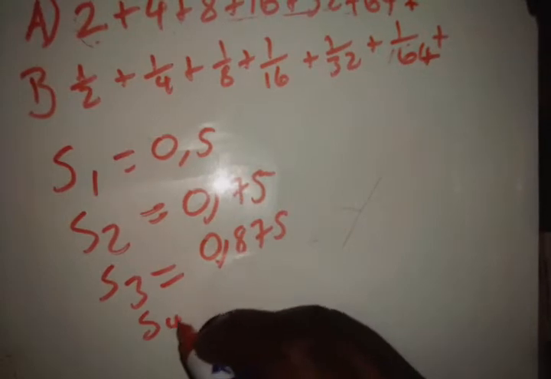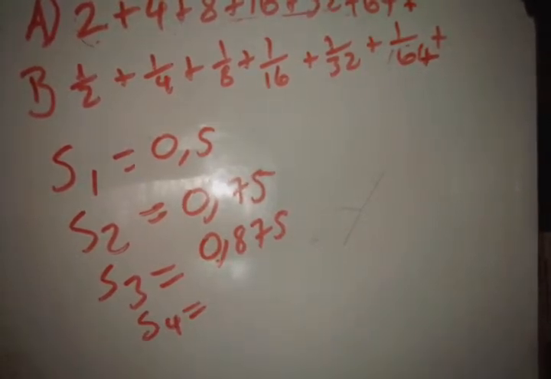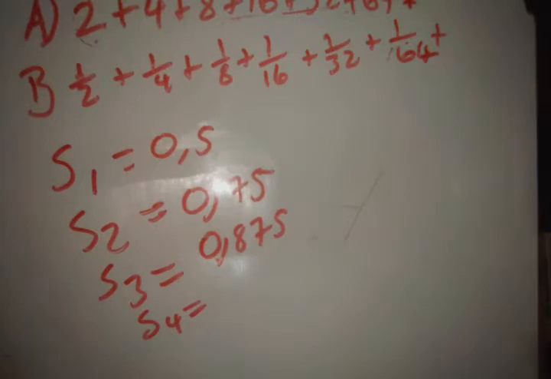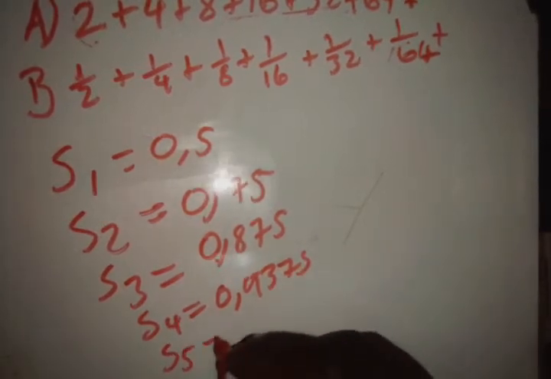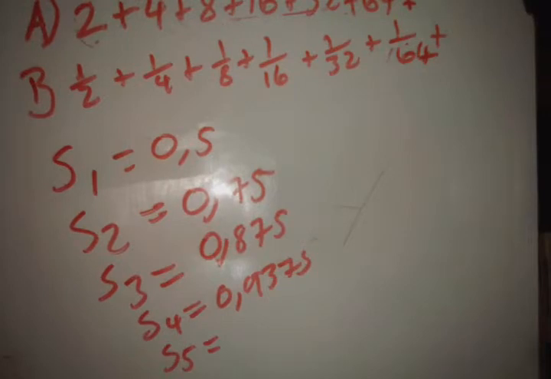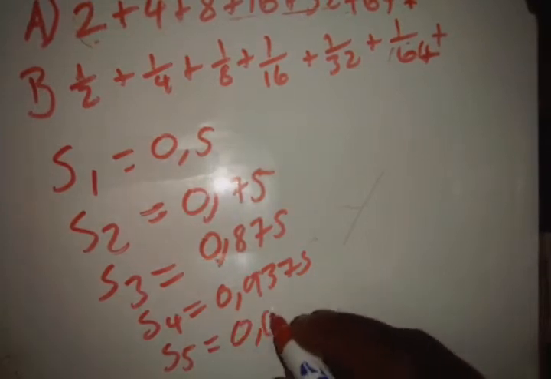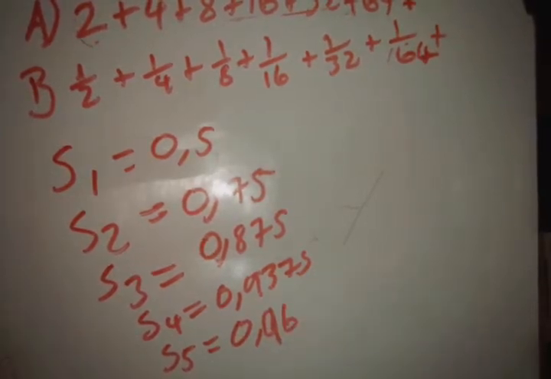Then let's check out the sum of four terms. So we have 0.9375. Then let's check out the sum of five terms. So it's 0.96875.